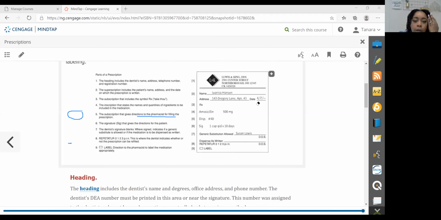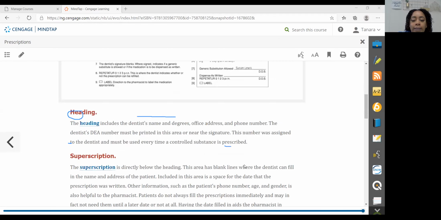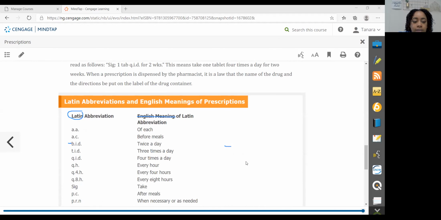So let's click on there, and here it gives you P R N. All right, so let's scroll back down to our list of Latin abbreviations.